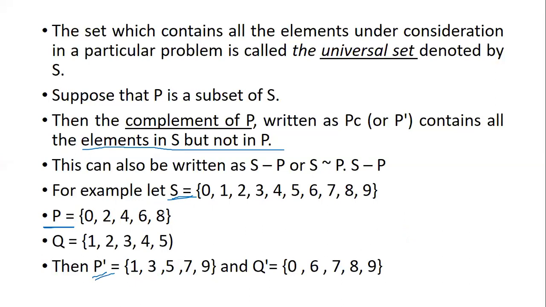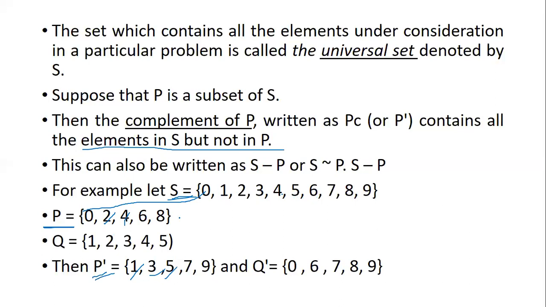So 0 is already in P, so we will not write it. Next, 1 is not in P, we will write 1. 2 is already there. 3 is not there, so we will write 3. Then 4 is already there. 5 is not there, we will consider that here in the complement.